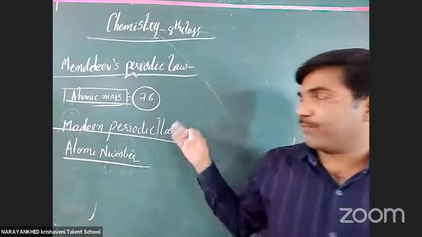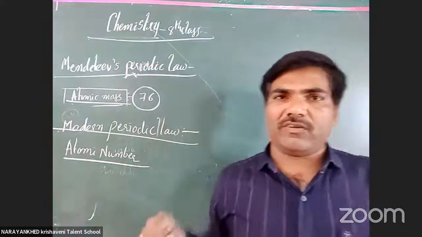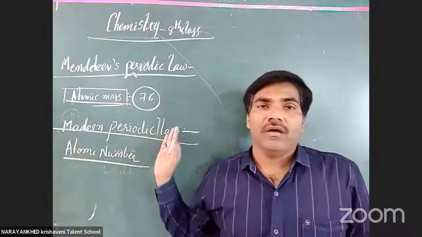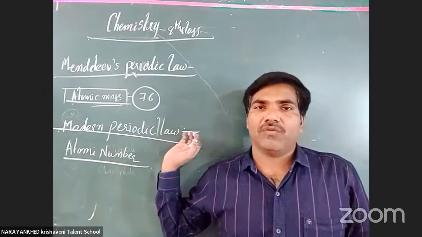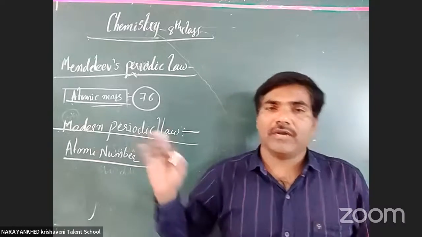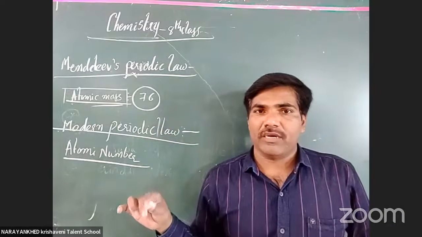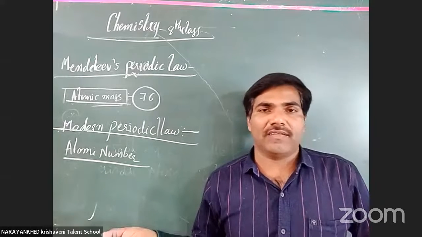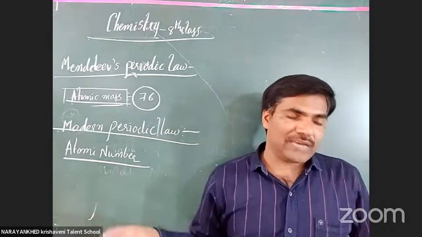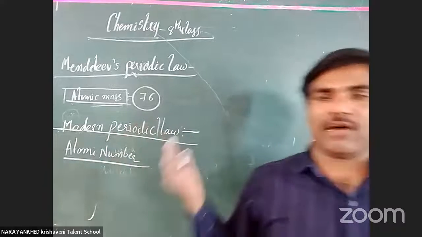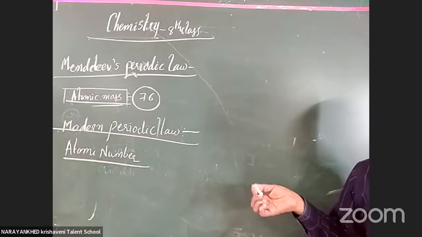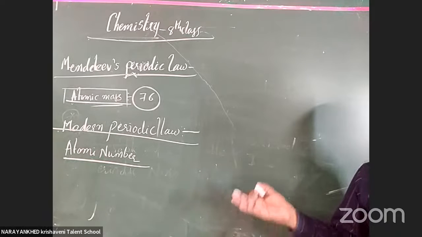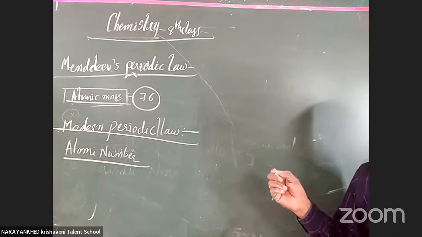Up to Mendeleev, 76 elements were considered, and he gave many important concepts for our periodic table. But it is not exactly correct, and there are some limitations. Hydrogen does not have a proper place in that periodic table, the position of isotopes is unclear, and atomic masses do not increase in a regular manner.